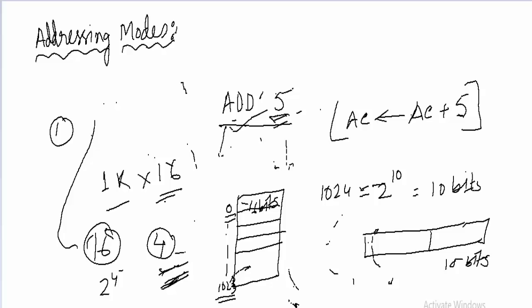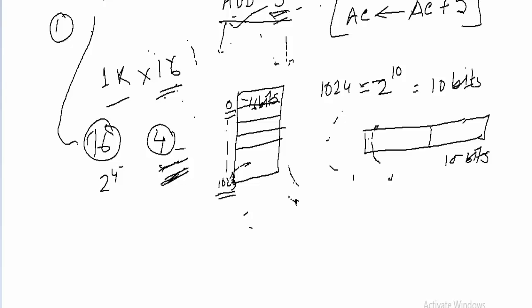Decreasing the number of bits in the instruction might not always be possible. But whenever it is possible, we can use this, because the size of the program will decrease if we can decrease the size of its instructions. And the other advantage is that we give the programmer facilities like pointers. Number one is pointer.